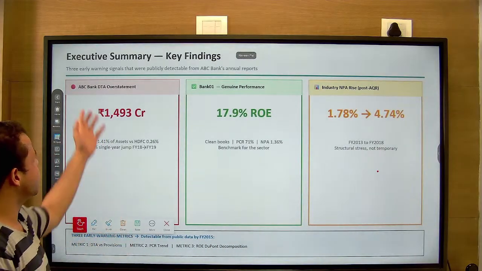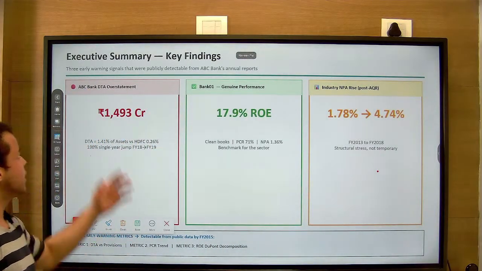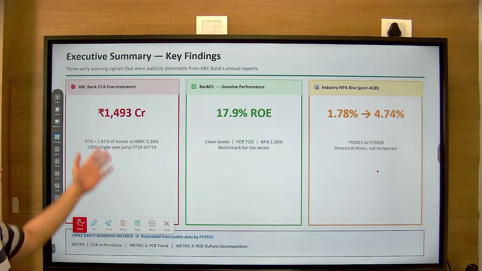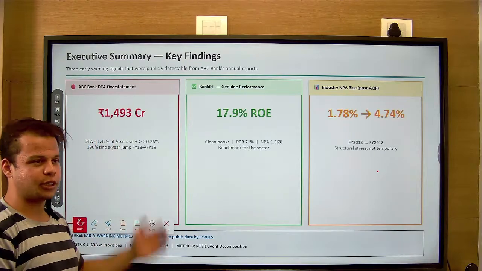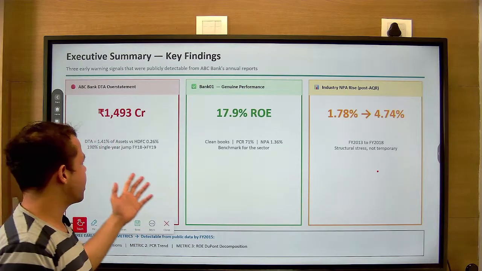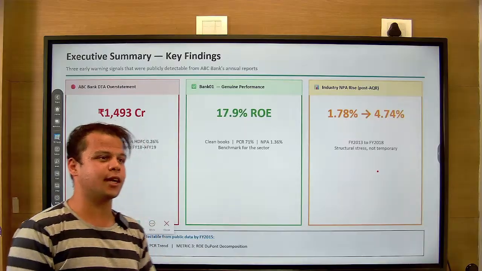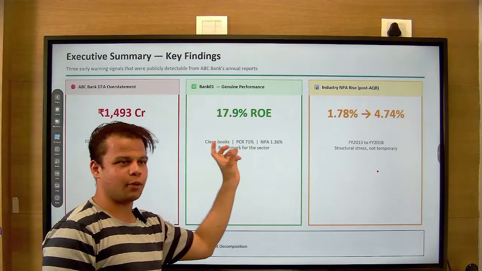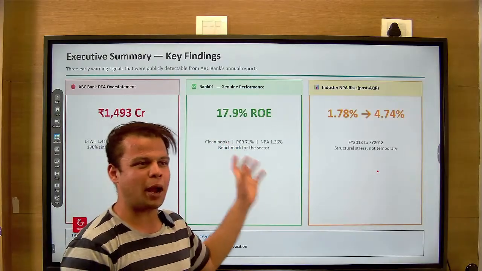This is an executive summary where we can see some key findings. This is ABC Bank's DTA overstated. As I mentioned earlier, this is the DTA overstated by ABC Bank, which should be around 1040 crores, but they have stated around 1493 crores. And this is the genuine number of HDFC Bank, or we can say Bank 2.